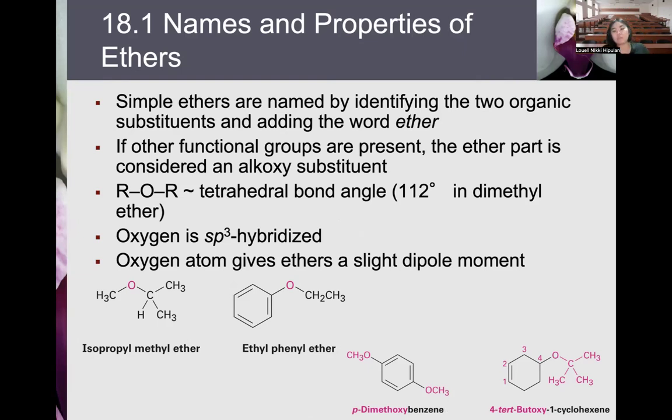Now, in the last example, on the right side you have tert-butyl because you have four carbons and it's tertiary.